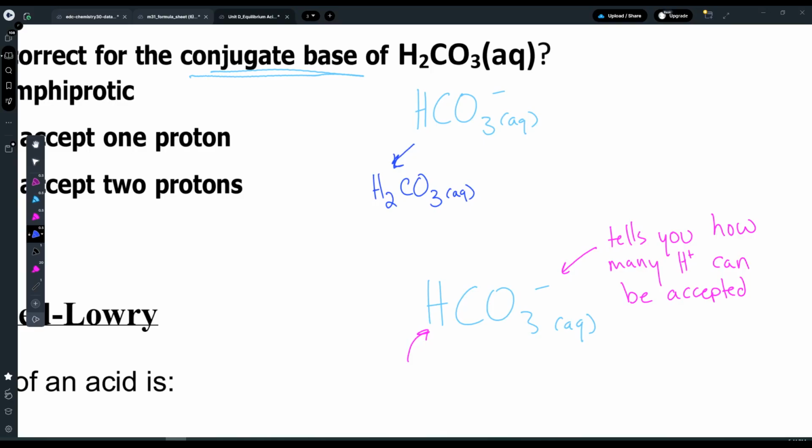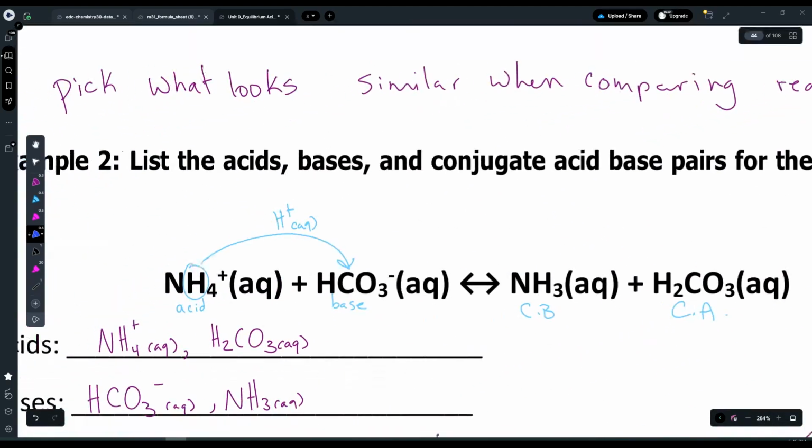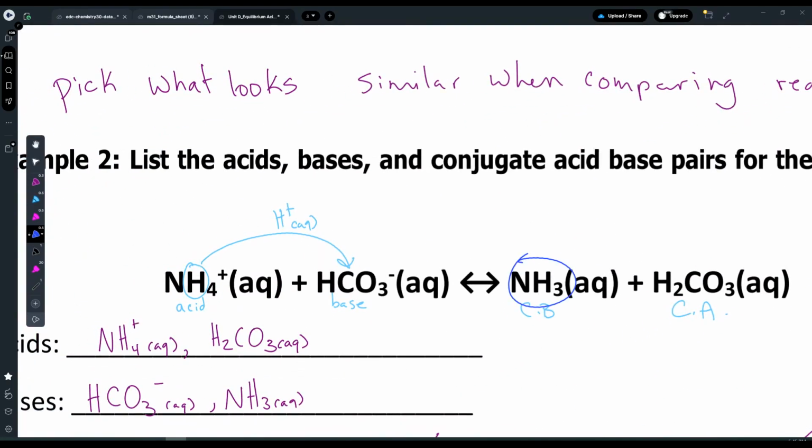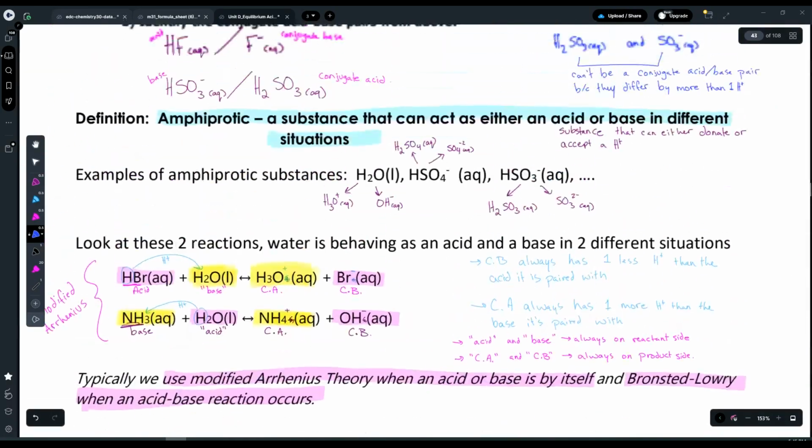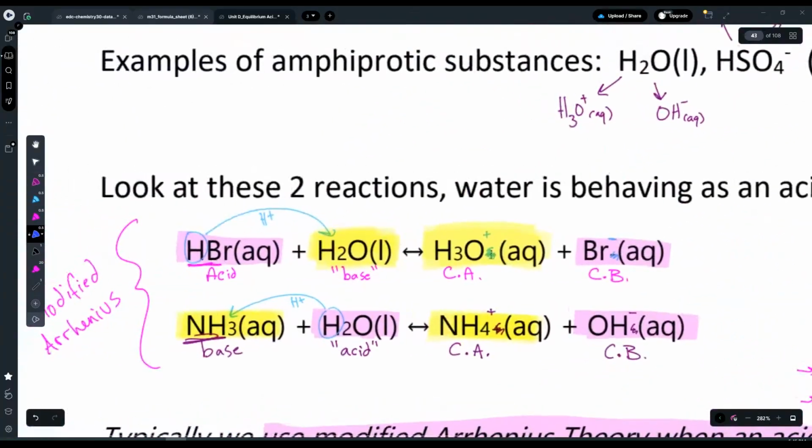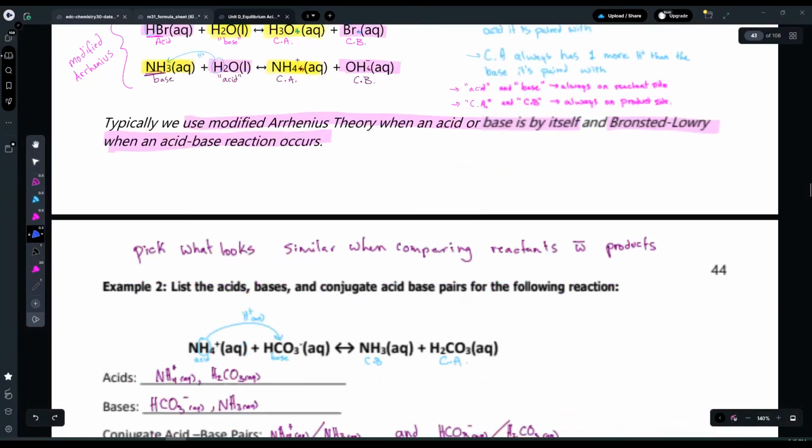The exceptions are ammonia, NH3. NH3 can accept a hydrogen to become an ammonium ion, NH4 1 plus. The other exception would be water. Water can gain a hydrogen to become hydronium. Those are the 2 exceptions.